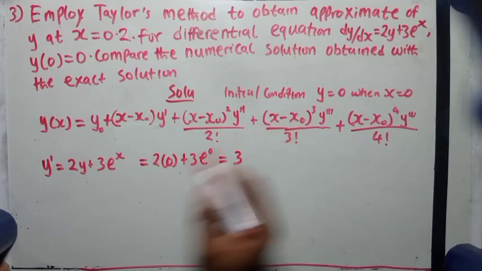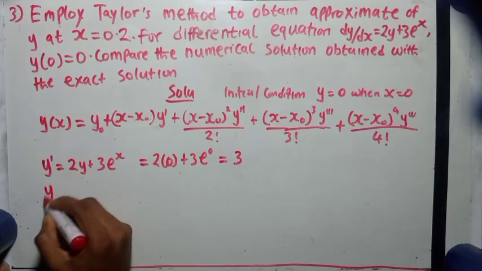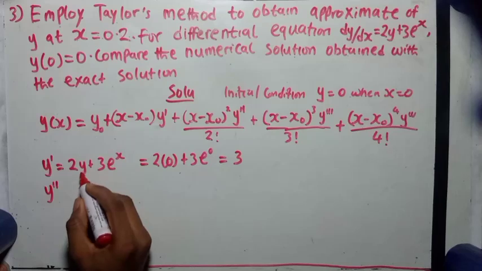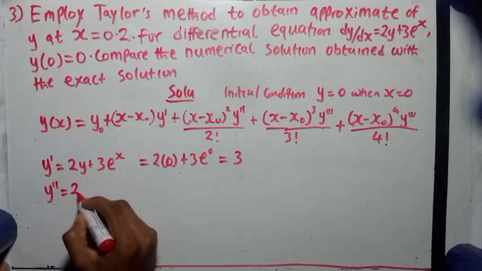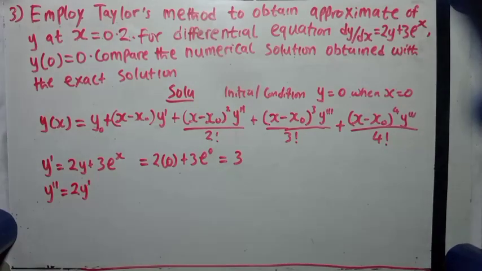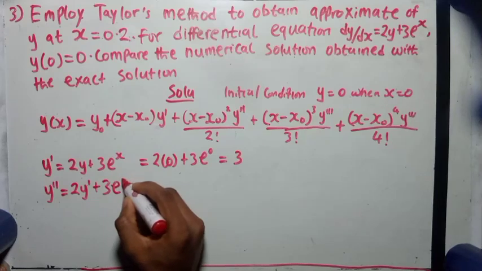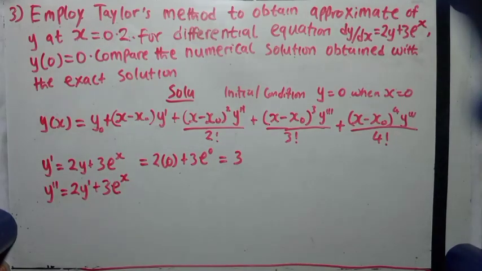So our answer here is 3. Now moving over to the second derivative, where we differentiate this with respect to x, we have 2y prime. We're differentiating with respect to x and not y; if it was with respect to y, our y would be going off. The next one, with respect to x, is still 3 exponential x.